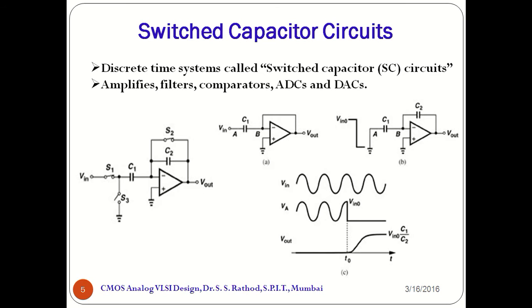We first assume the open loop gain of the op-amp is very large, and let us study this circuit in two phases. In the first case, let us say S1 and S2 are on and S3 is off.